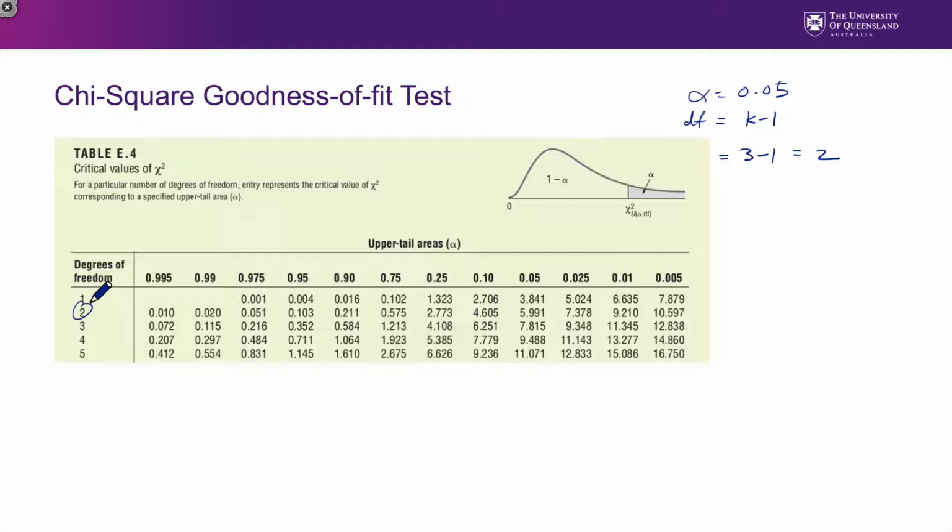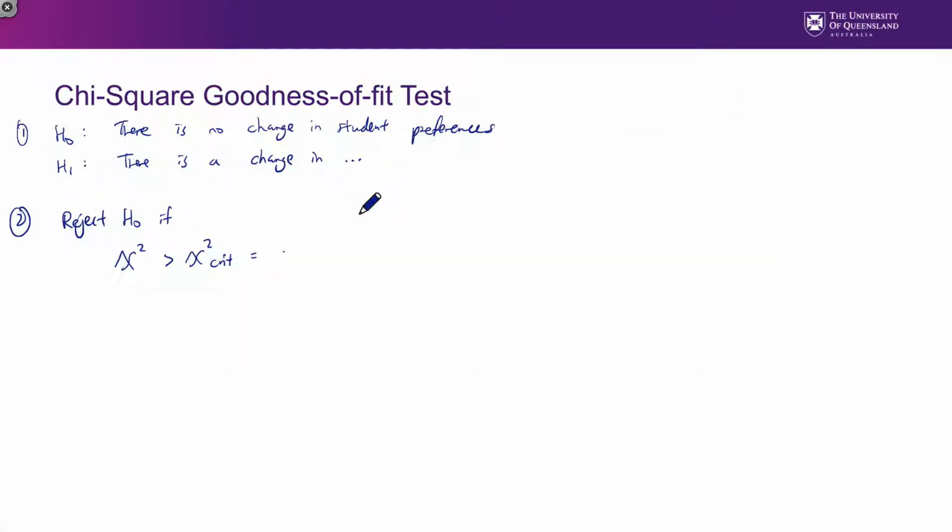So 0.05, 2, gives 5.991. So based off the table, we know that it's 5.991, and so the next step is to work out what our test statistic is, and we know that it is the sum of the observed minus the expected squared divided by expected. So we now need to go and work through that.